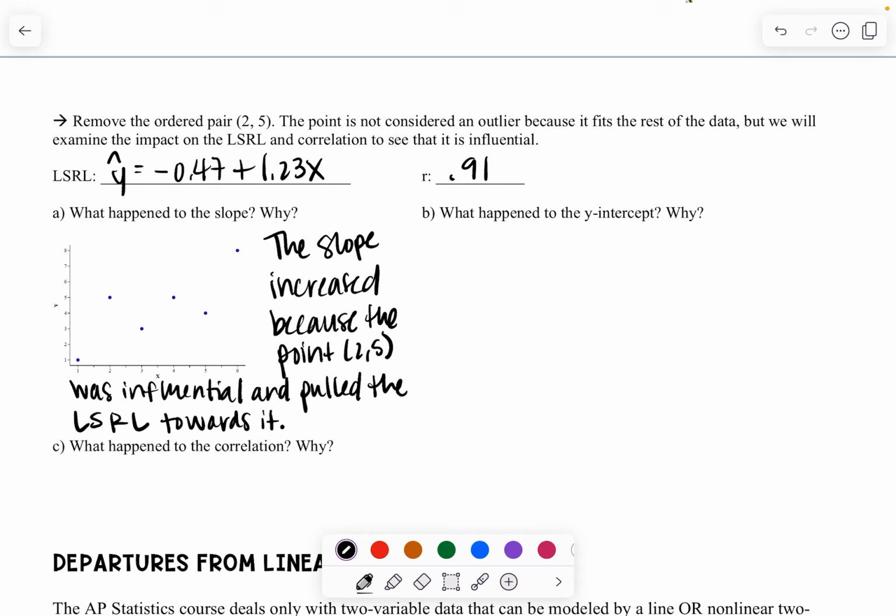And then what happened to the y-intercept? The y-intercept decreased due to the slope increasing.